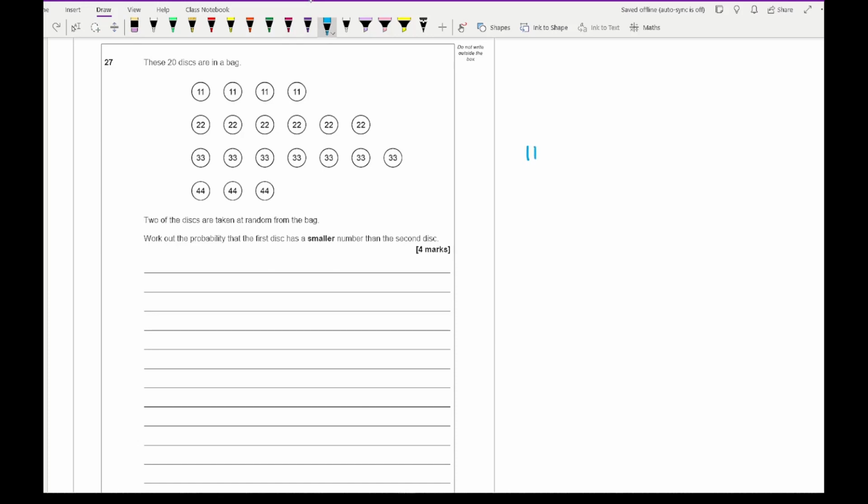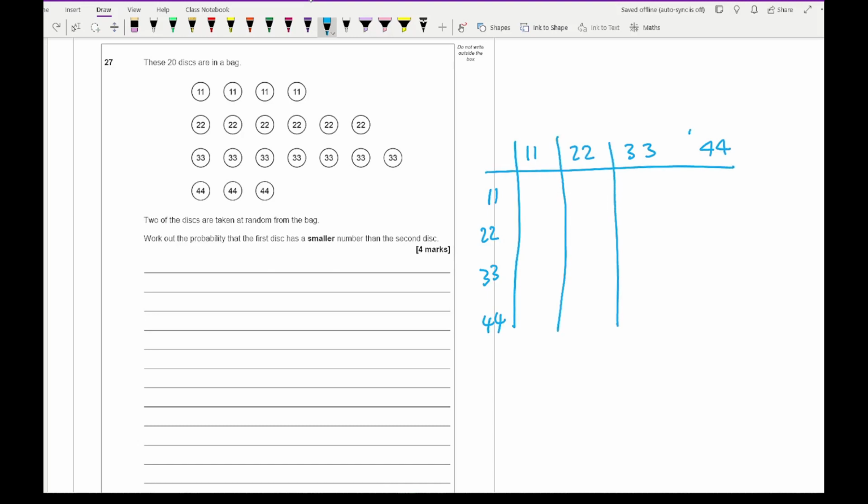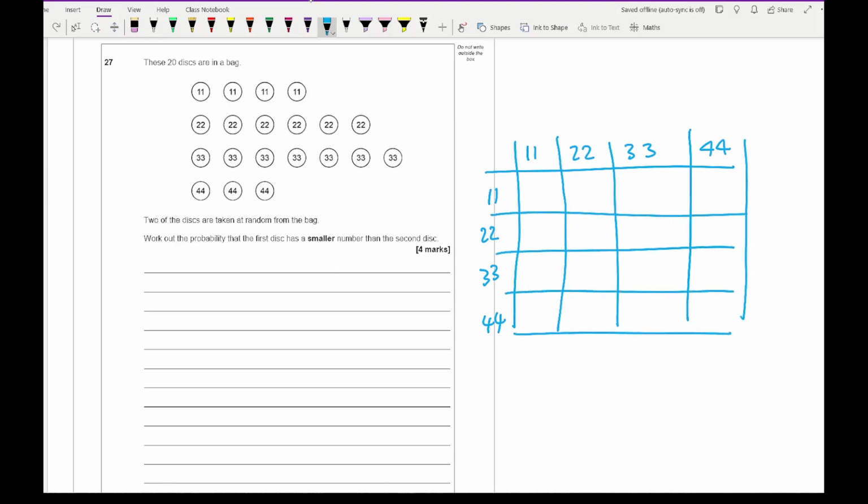So if we start by having 11, 22, 33 and 44, and we've got 11, 22, 33 and 44, and if I just roughly draw this grid, this is the first choice and this is the second choice.